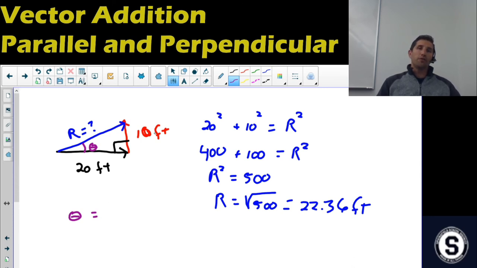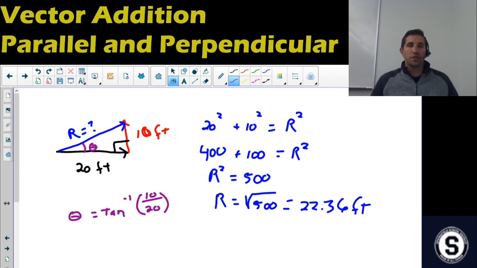But the tangent of an angle is just the opposite side over the adjacent side. So if this is the angle, this is my opposite side, this is my adjacent side. So I'm going to go the inverse tangent, and I write that like this. And we go opposite side, which is 10 feet, over the adjacent side, which is 20 feet.